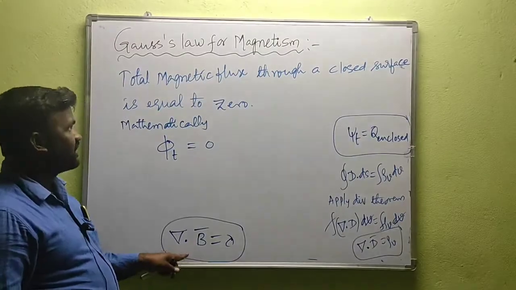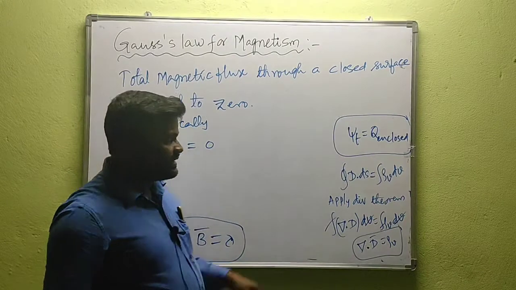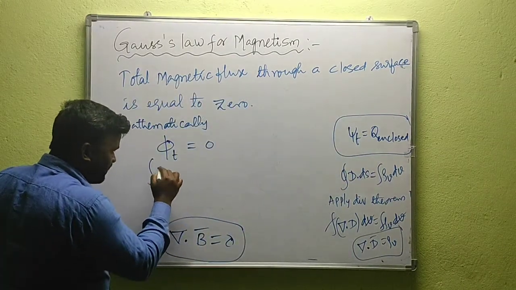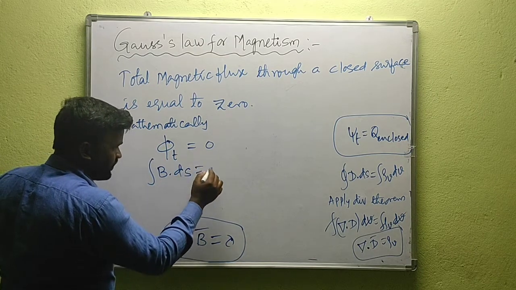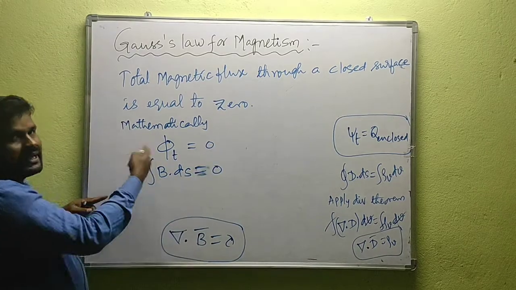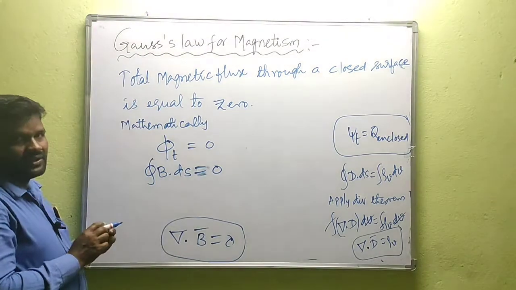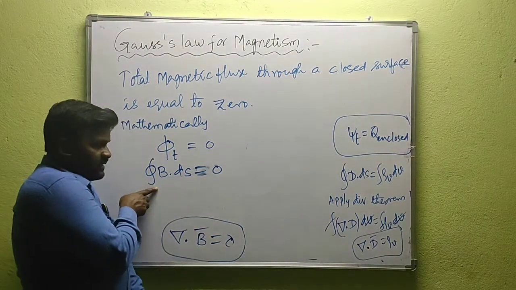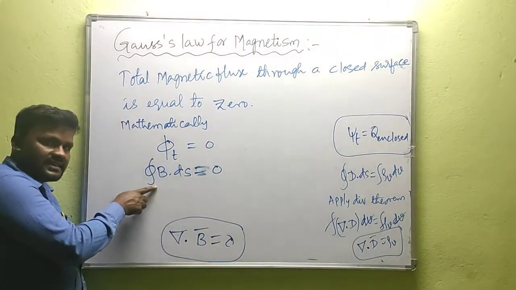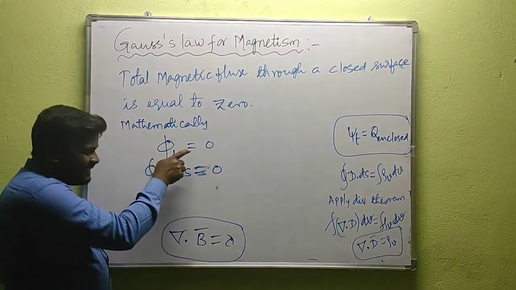Now we will derive this by using the statement that magnetic flux through a closed surface is equal to 0. What is the relationship between flux and flux density? The surface integral of magnetic flux density is magnetic flux. As it is a closed surface, we need to take the closed surface integral. The surface integral of magnetic flux density is equal to 0, so the magnetic flux is 0.